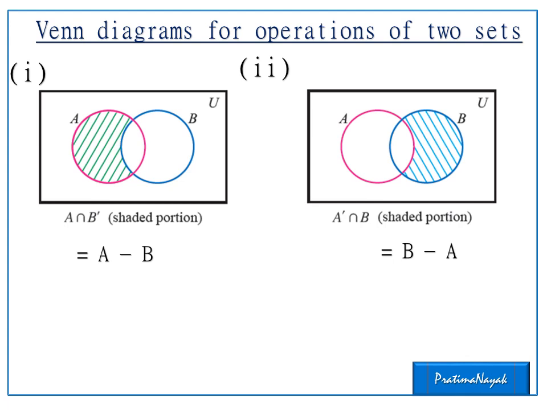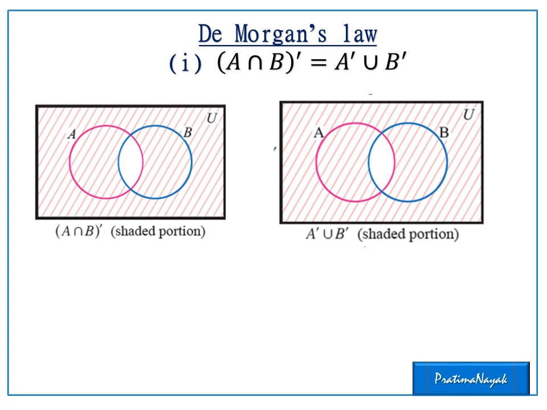This also can be written as A difference B. So A difference B is equal to A intersection B complement. Similarly, for second figure, it is A complement intersection B. This is same as B difference A. So they are equal.